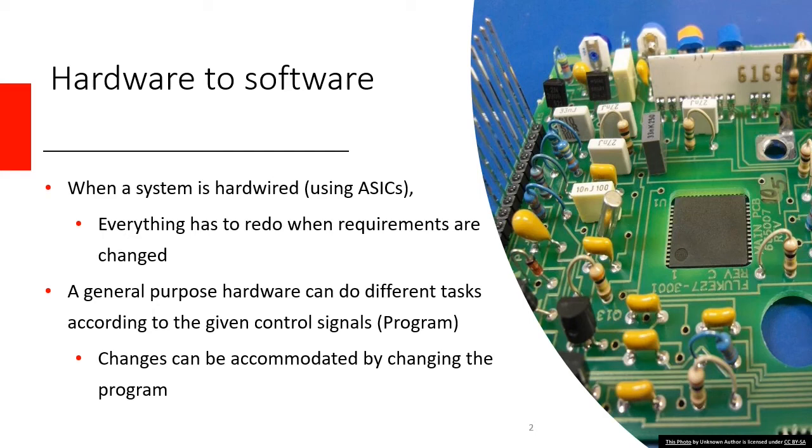What people wanted to invent is a kind of general purpose hardware which can do different tasks by following different instructions. Today when you have microcontrollers or microprocessors, you can change the function by changing the program and sending it to the device.